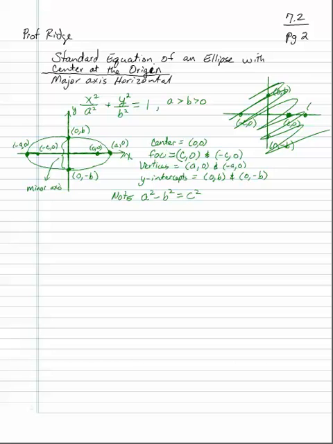The major axis connects negative a to a. Okay, so it's the bigger one. Minor would be the smaller one.